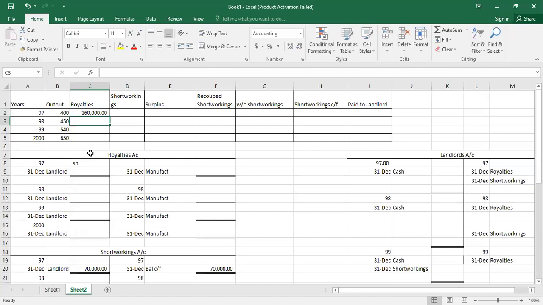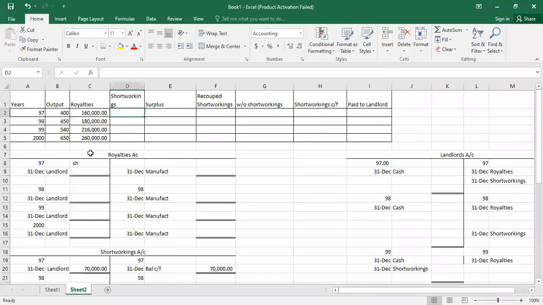The 450, second one, by 400, it's 180. 540 times 4 should be 216. Then 650 gives 260. Confirm. Is it? Yeah.